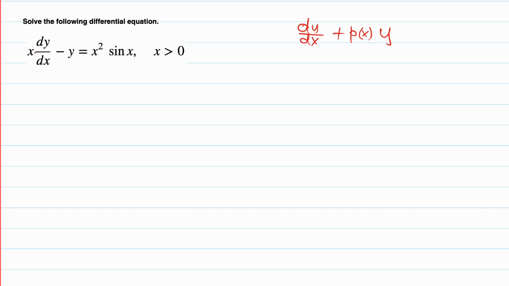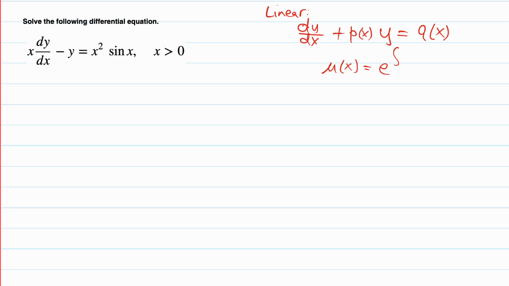So here is y, and equals some function of x again. When we have it in this form, this is called a linear differential equation. And to solve, we find the integrating factor, which is e raised to the integral of p(x).